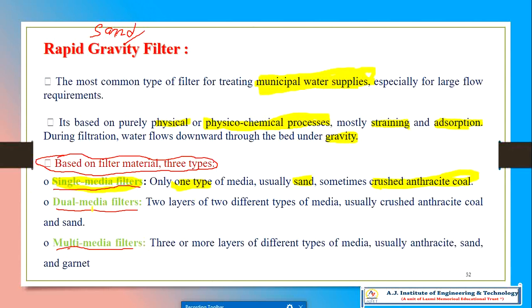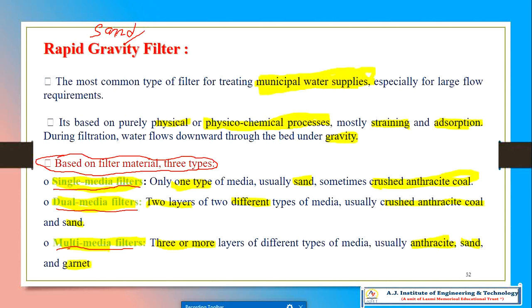Dual media filter means two layers, not one layer here, two layers of two different medias. Usually crushed anthracite coal and sand is used. And in a multimedia filter, there will be three or more layers of different types of media, usually anthracite, sand, and granite.